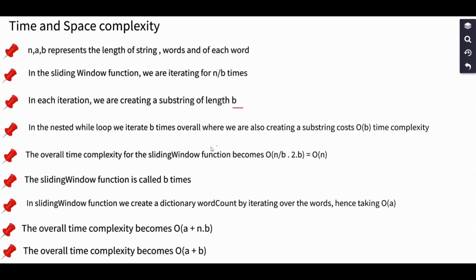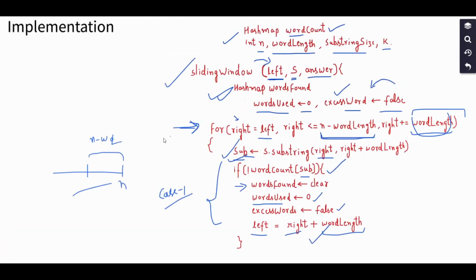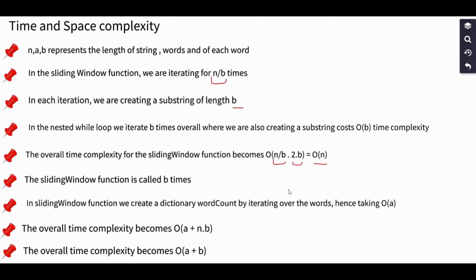Fine. So this gives me b plus b, that is 2b time complexity, and since we are iterating n by b times, this would give me n by b multiplied by 2b, which is big O of n, and hence this loop here is taking linear time complexity, and n is the length of the string s.